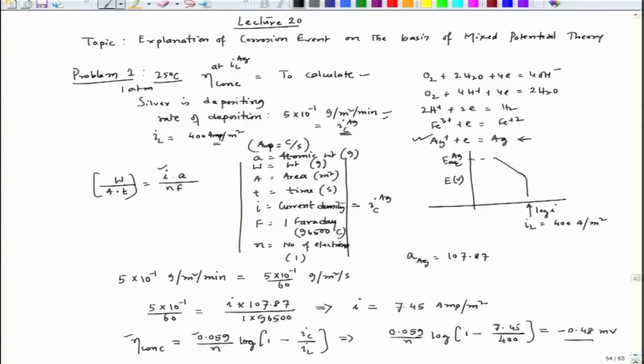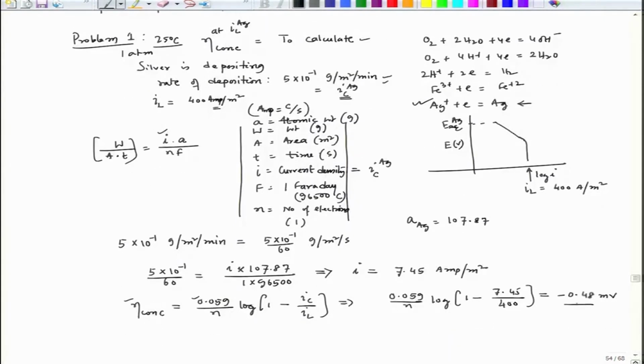Now, this is the current value we are considering, 7.45 ampere per meter square. At this condition the polarization, and this is the equilibrium silver potential.